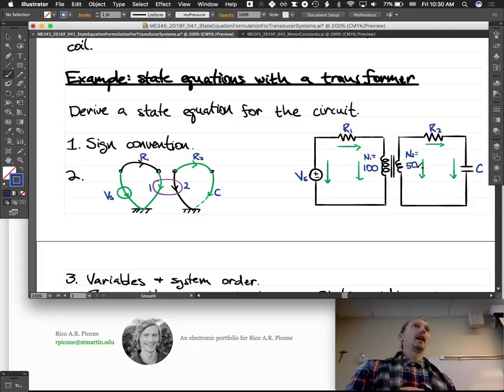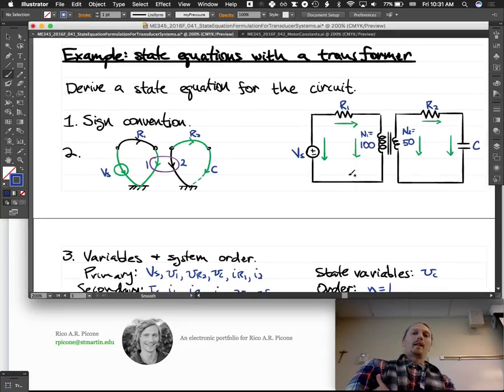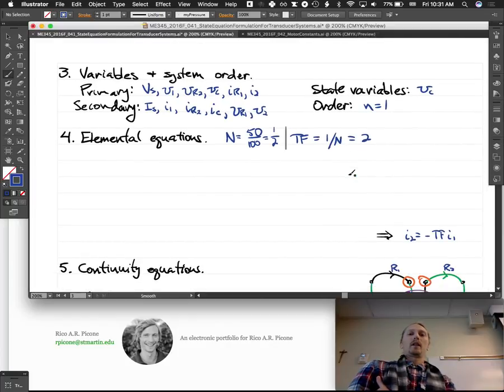Once you define that, then you have the transformer ratio defined for you. Because it's a transformer, it's always 1 over n, which is equal to n2 over n1.